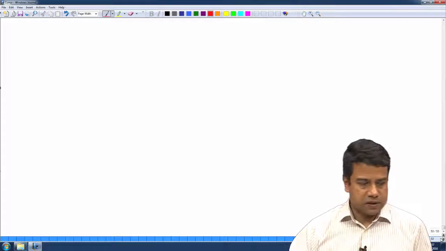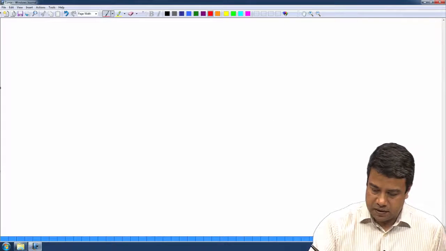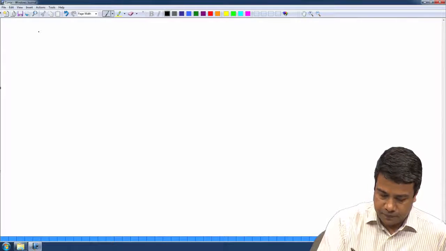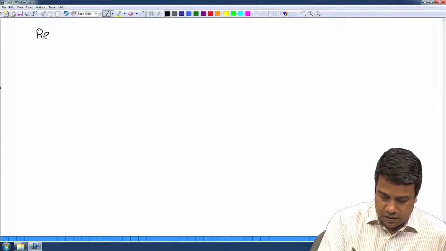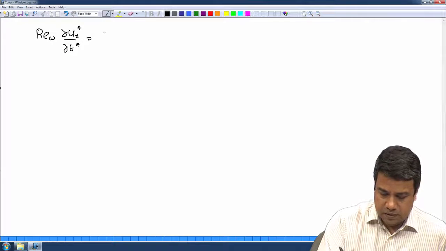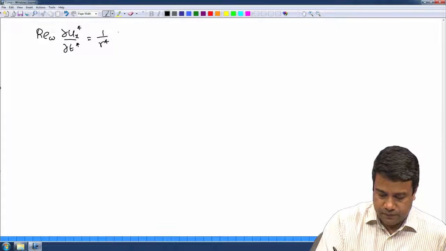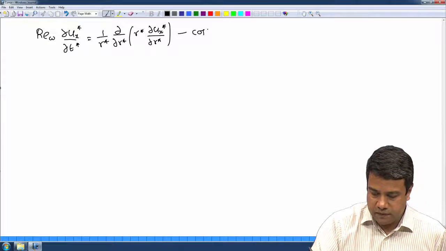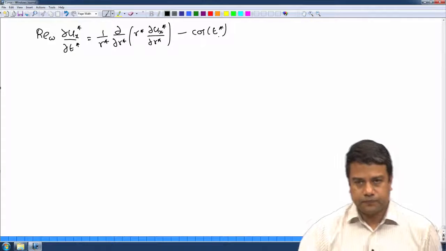Now how do we solve this equation? The simplest way to solve this equation, if you recall, my equation was of the form Re omega partial ux by partial t is equal to, minus cos of t star.